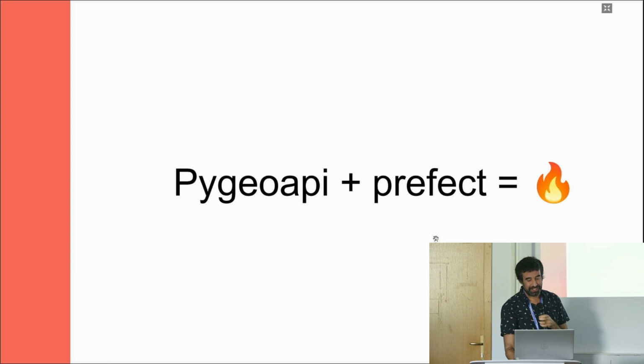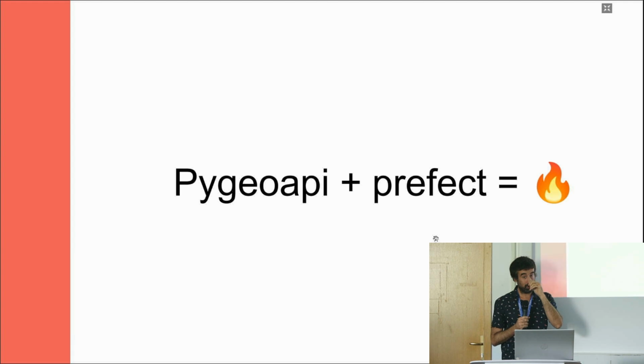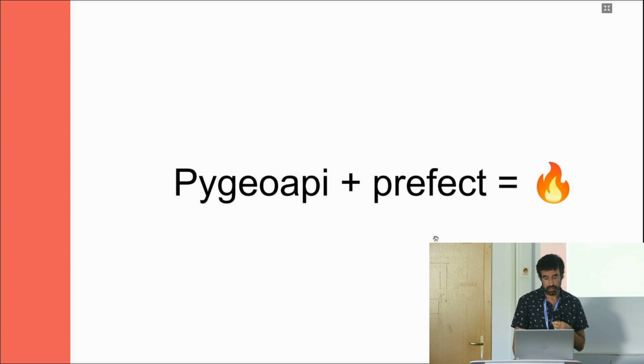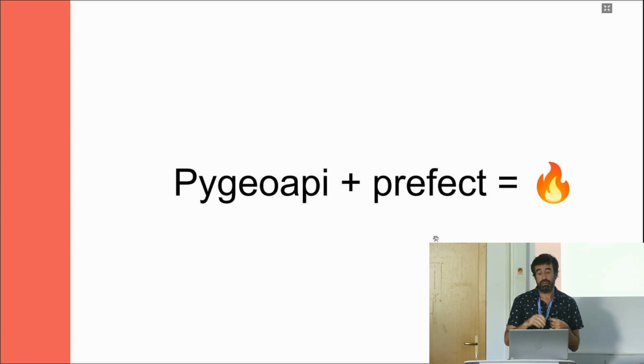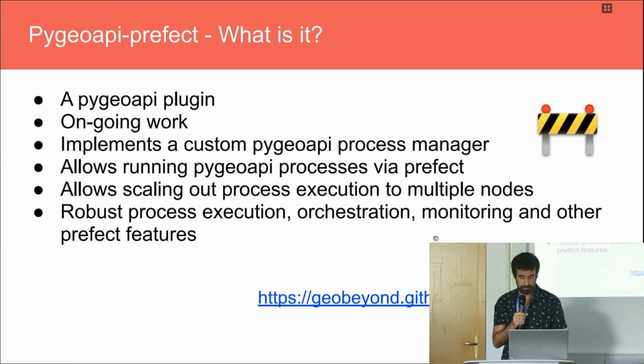So I guess the takeaway for us when we started doing this work is that Pygeoapi and Prefect would really be a nice couple if we were able to integrate them successfully, because it means you get the interoperability on the Pygeoapi side, with pretty good support for this standard, and on the back end you can have a really scalable way to run whatever workloads you want to make available to your customers.